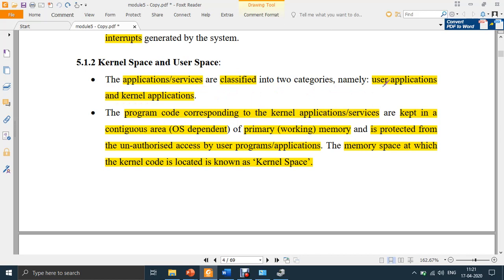If I double click on an application and it starts to execute, that is a user application. The user is initiating the application. But there are other services also, called kernel applications. I showed you in the task manager that there are background applications running which are required for the operating system. Those are the kernel applications.